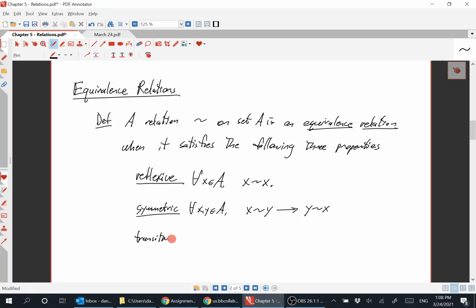Transitive: for every x, y, and z in A, x related to y and y related to z implies x is related to z. So if these three properties are satisfied on a relation, it gives you what's called an equivalence relation.